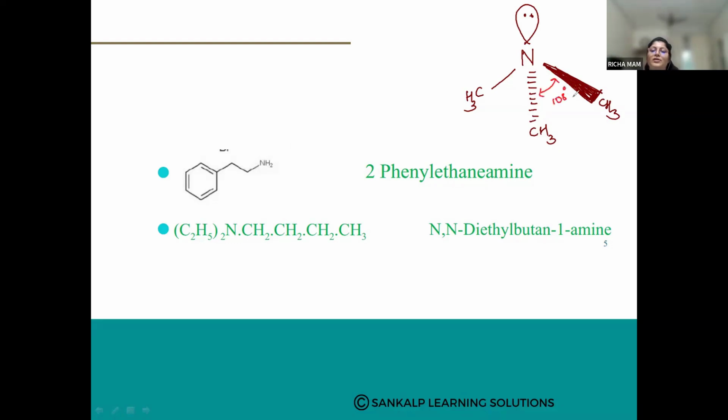This is an amine. In an amine, the central atom is nitrogen, and this nitrogen is sp3 hybridized because the bonds are single bonds.